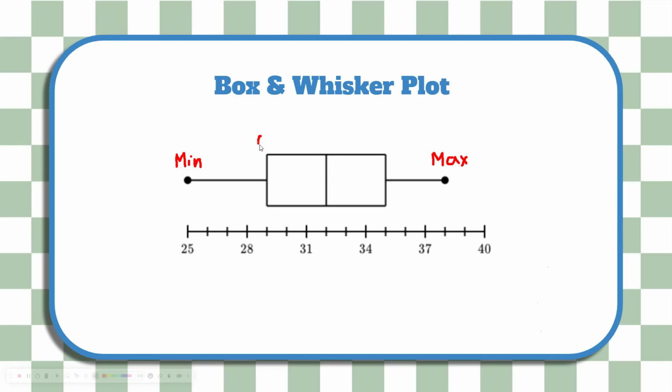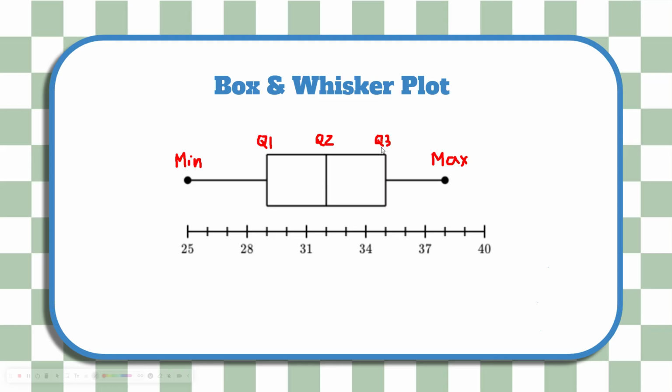Then the left edge of the box tells you what Q1 would be. So that's the middle of the lower half. That looks like 29. The line that's inside the box tells you what Q2 is, or the median, so that's 32. And the right edge of the box tells you what Q3 is.